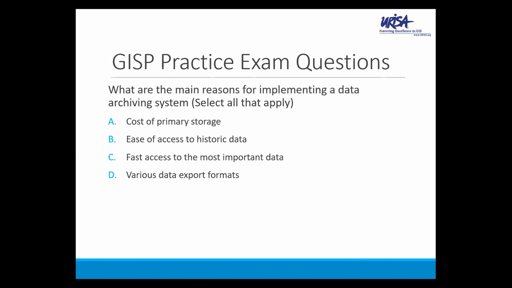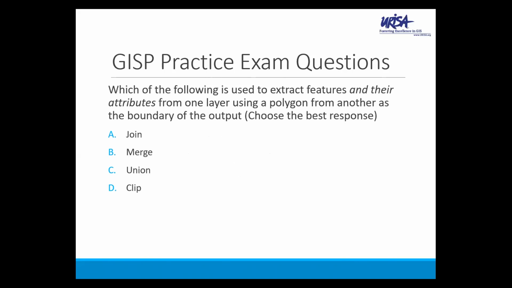The cost of collecting data is so astronomical in terms of human time, machine time, and data processing that we really can't afford to lose it. And similarly, we want to be able to access important data quickly, and we want to have data export formats so that we can use the data well into the future.